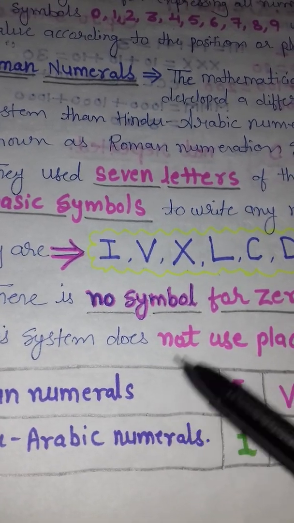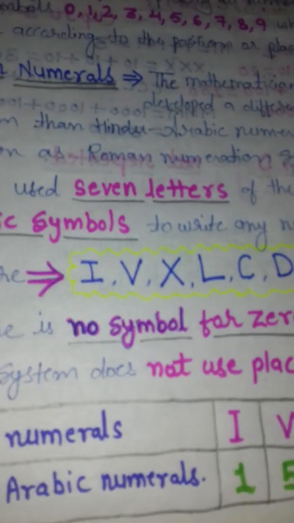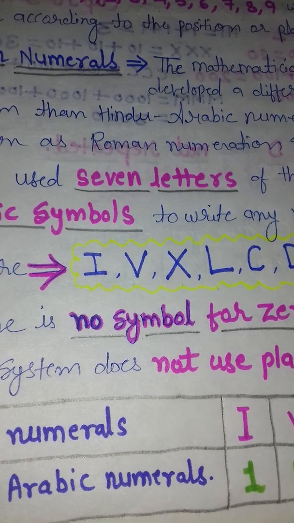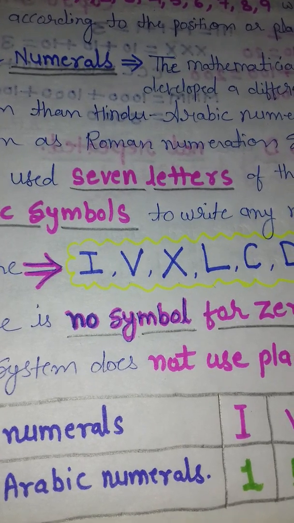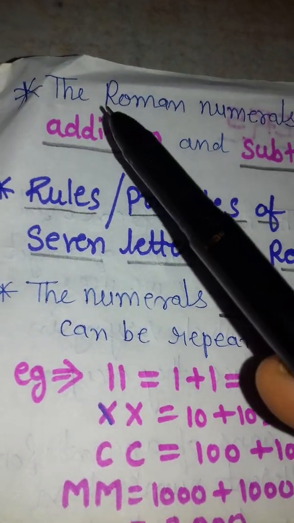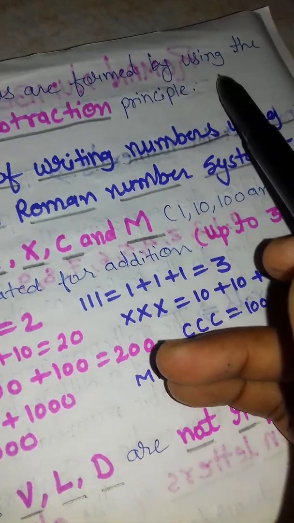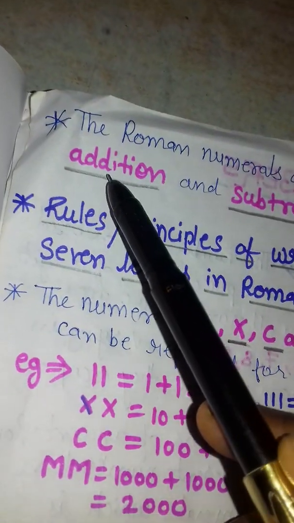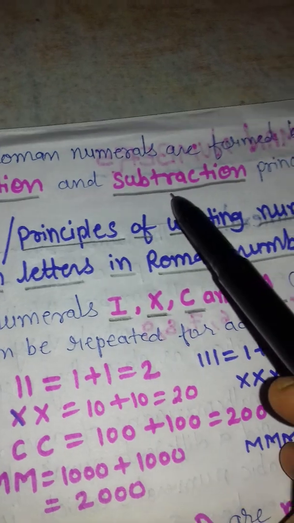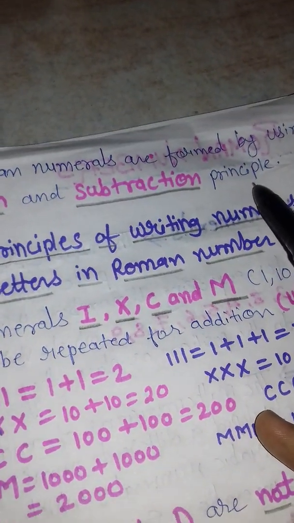Now, today we will learn about the basic rules to form Roman numerals. So, students, the Roman numerals are formed by using the addition and subtraction principle.